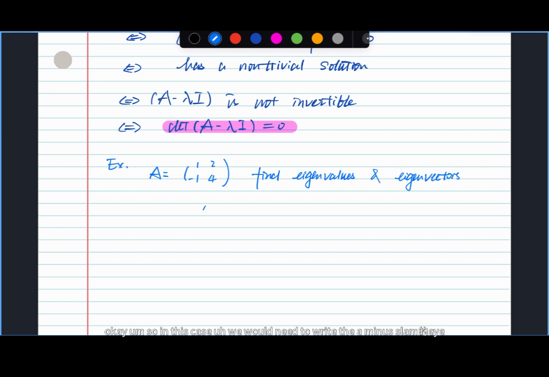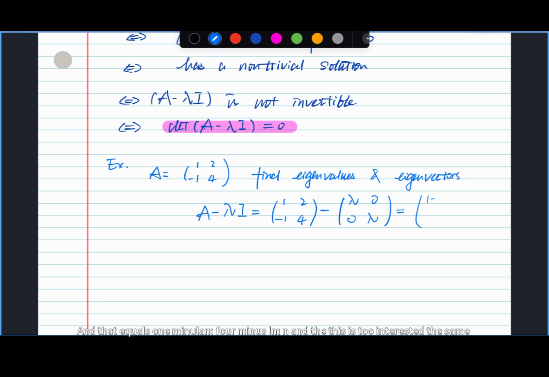In this case, we would need to write A minus lambda I. That would be equal to [1, 2; -1, 4] minus lambda multiplied by I. Since I is [1, 0; 0, 1], lambda multiplied by it is just lambda and lambda on the diagonal.